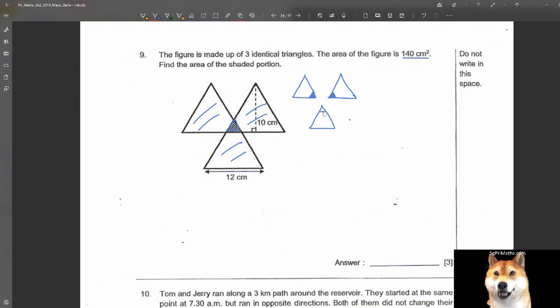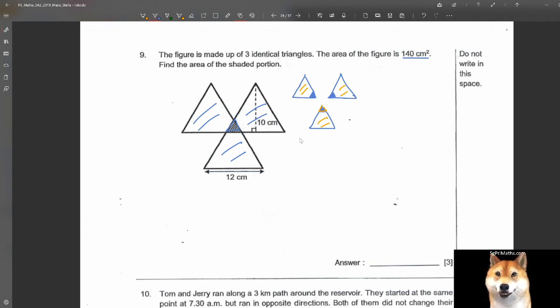The overlapping will be here. Now, because of the overlapping portion, the 140 cm square will only refer to this part, this part, this part, and then one shaded triangle here. These two are mixed up.